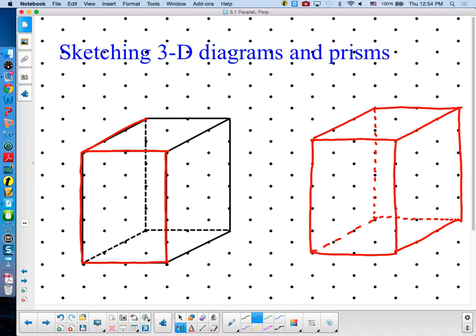The dashing is in there to help your brain understand what's going to be. That's where maybe the dot paper helps you get the diagonals.